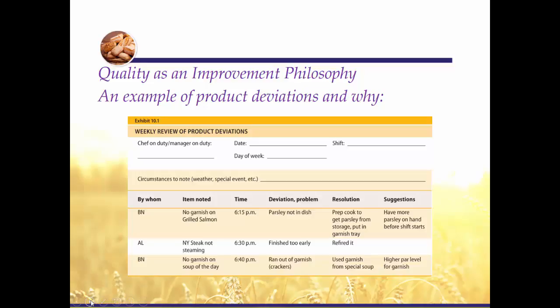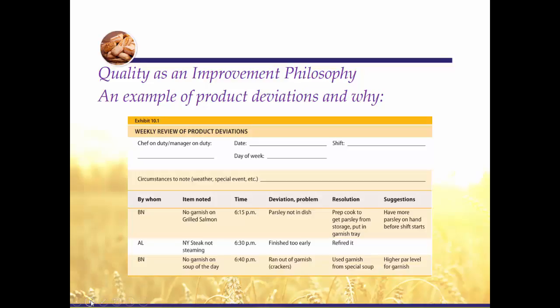So you want to make sure you put down the manager on duty, date, shift, day of week, and also any circumstances, like the weather was raining outside, or there was a special event, so you were a little bit too busy. You want to note who actually created the problem, and put down what item was noted.